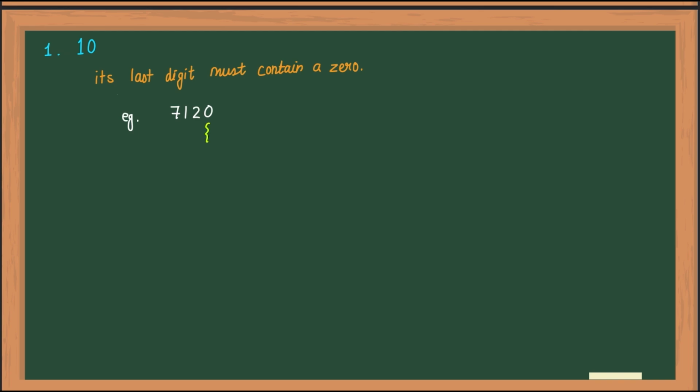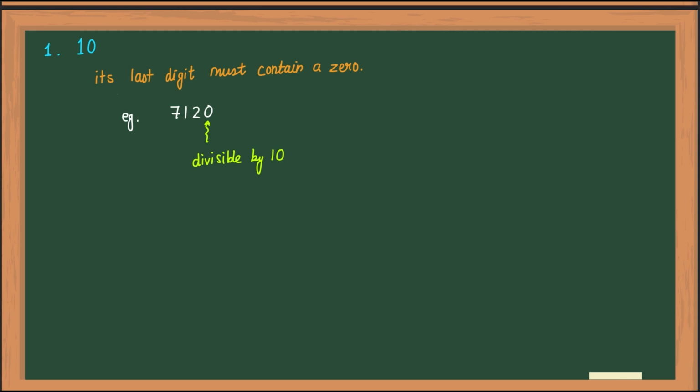Yes, you are all correct. The last digit is 0. The rule for divisibility of 10 is that the last digit must be 0. So yes, there is a 0 over here, so we can say that this number is divisible by 10. If you divide this number by 10, it will leave no remainder. That is what it means that a number is divisible by another number.